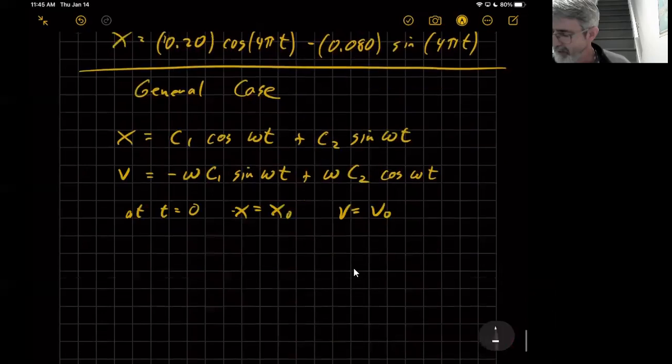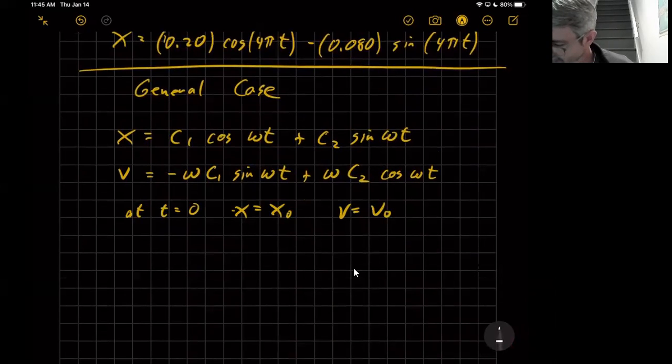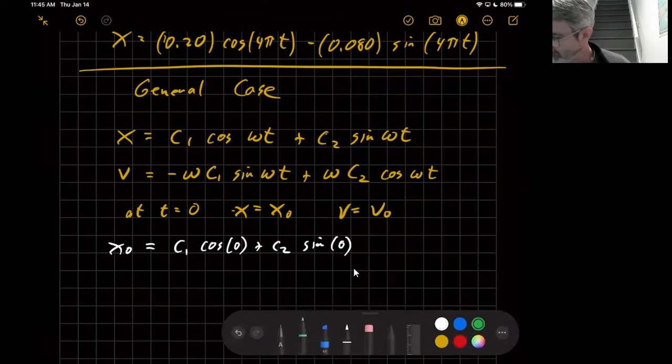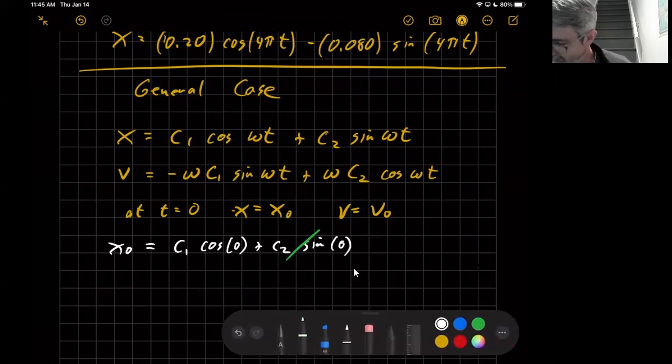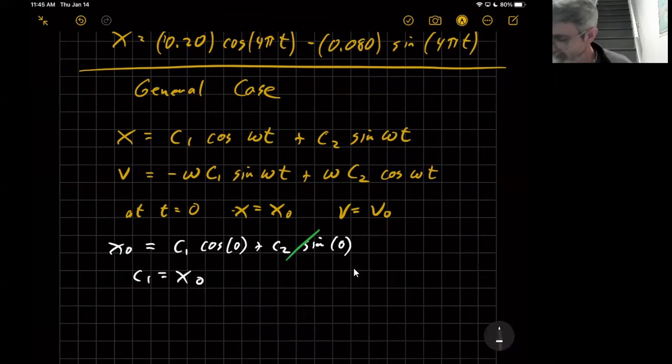Using the x equation, x naught is equal to C1 times cosine of 0, plus C2 times the sine of 0. As we've already talked about, the sine of 0 goes to 0, so that term goes away. And we can simply say that C1 has to be x naught. That will be true no matter what the x naught value is.